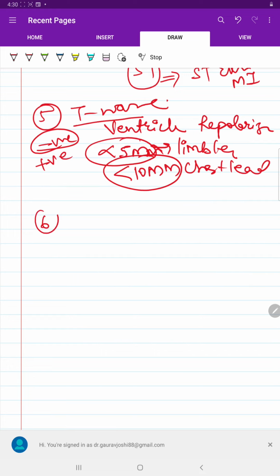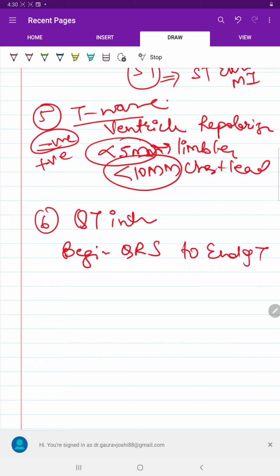Going towards the sixth, the QT interval. The QT interval is from the beginning of QRS to the end of T wave. What does the QT interval represent?